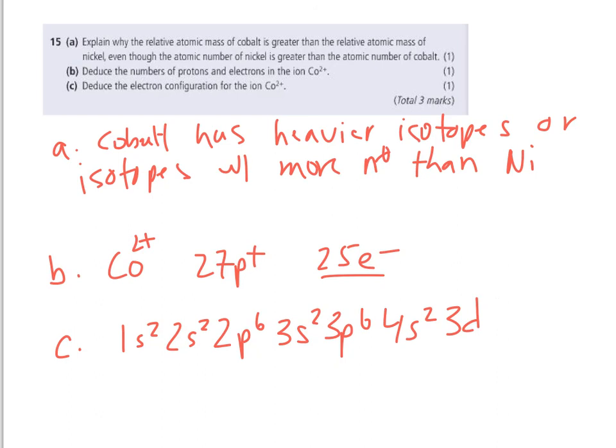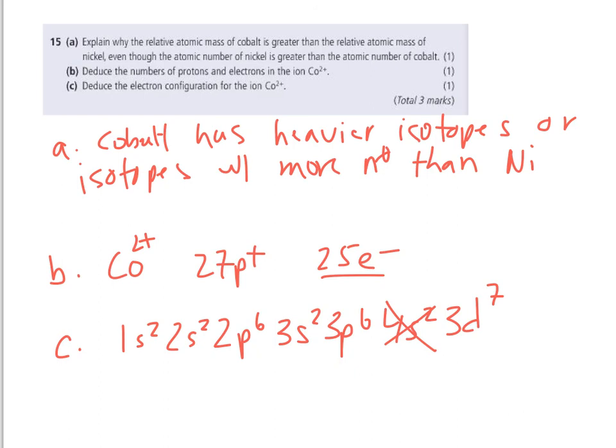Sorry, the 3d7. I had a little trouble finding it there. When I count cobalt over, I see it's 2, 4, 6, 7. So if it's 2+, the 2 that it's lost are the 4s2. So instead I'd have 1s2, 2s2, 2p6, 3s2, 3p6, and then 3d7.